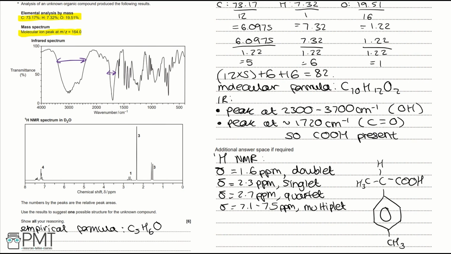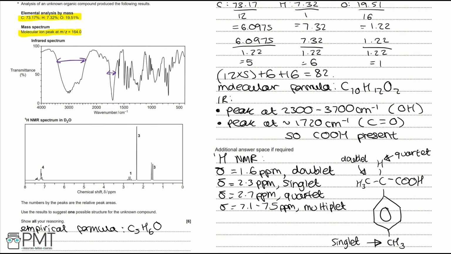So with this compound, we would have a singlet splitting pattern on our CH3 attached to the benzene ring because there are no hydrogens in the environment next door. Our quartet splitting pattern would be on our hydrogen of the central carbon and the side chain, and that is because there are 3 hydrogens involved in the environment next door, with our CH3 group attached to this part of the molecule.